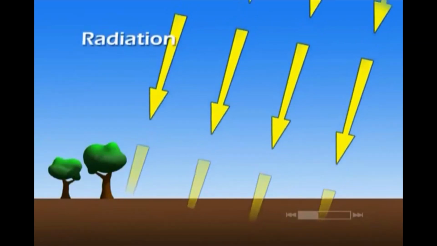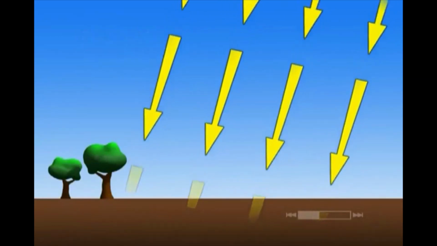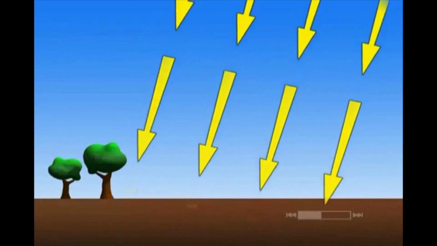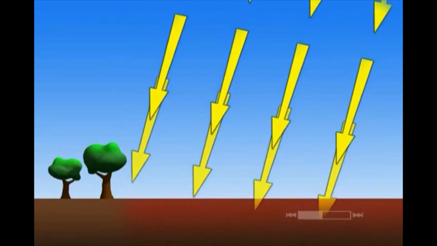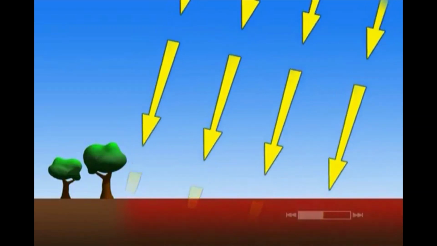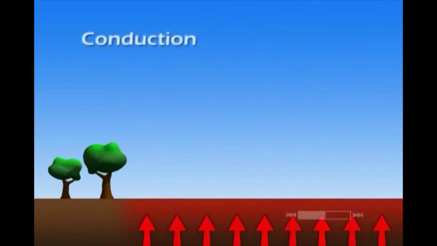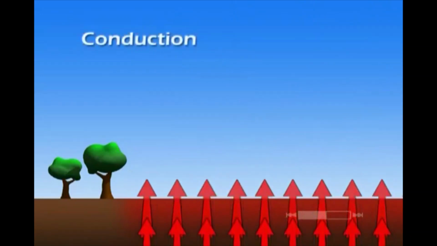It should be noted, though, that this depends on the terrain. For example, a ground covered with snow will reflect more than 3/4 of the radiant heat as opposed to absorbing it. Afterwards, the ground will conduct its accumulated heat to the air directly above it.